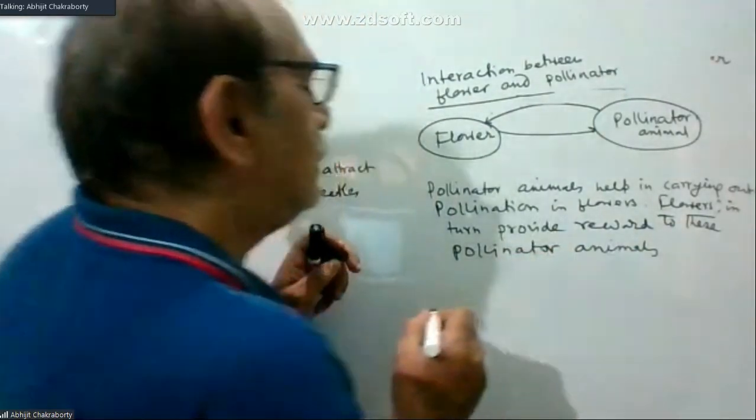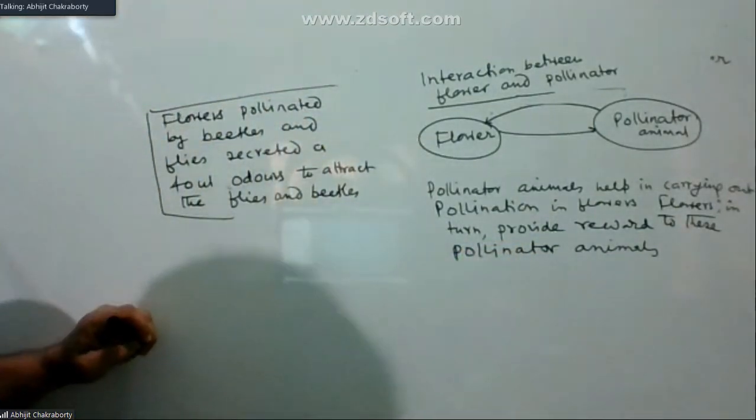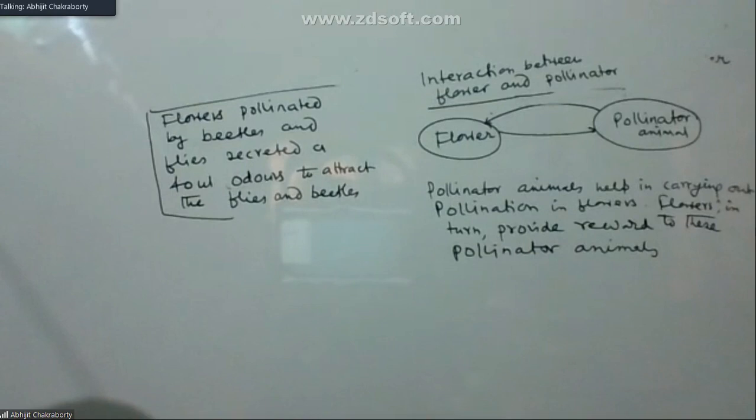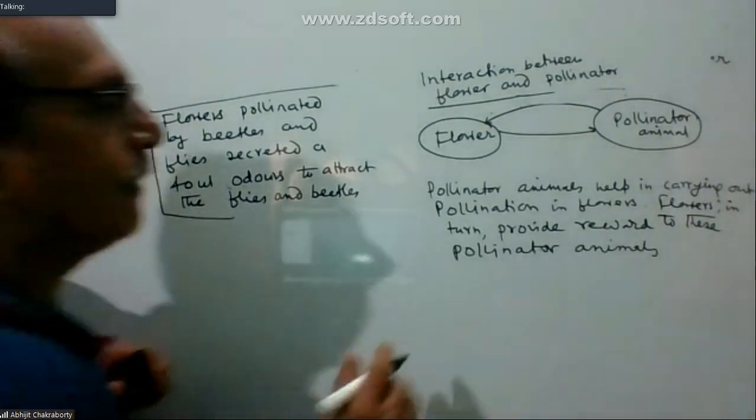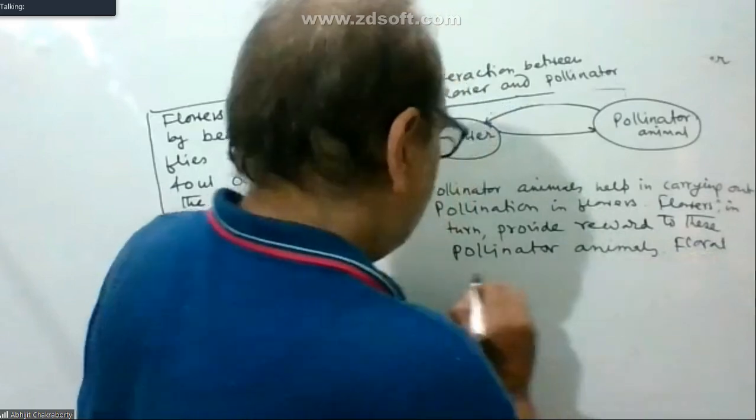So flowers in turn provide reward to these pollinator animals. And reward is nothing but the pollen grains and nectar.